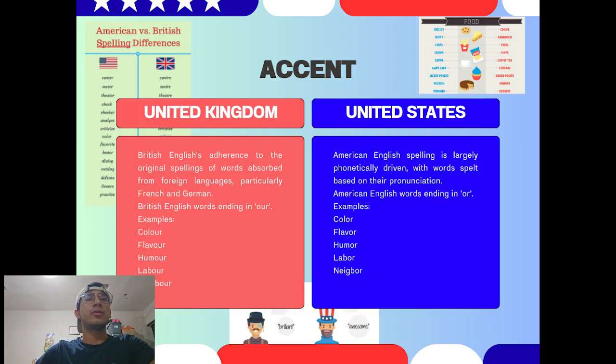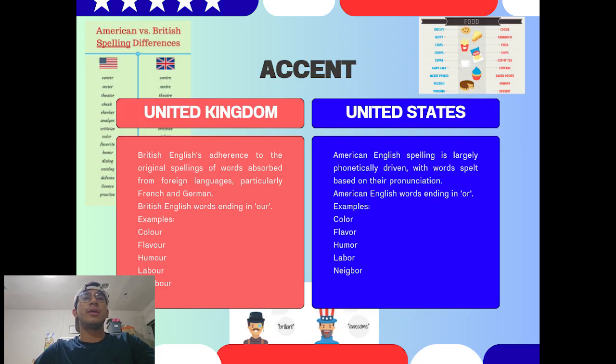The pronunciation of T often sounds like a D in American, and there are differences in the pronunciation of vowels, especially A and O. Additionally, British English uses the present perfect for recent actions, while American English tends to use the simple past. Finally, there are differences in spelling and vocabulary.